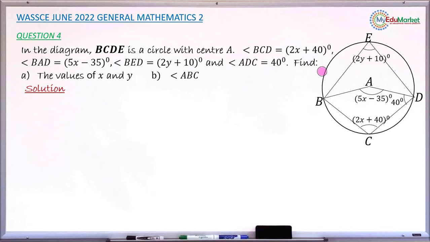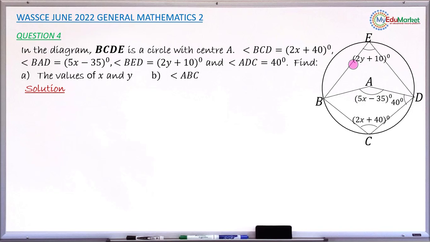So starting with this angle 5x minus 35, look at this, it is an angle at the center, subtended by this arc BD. And that same arc BD also subtends angle 2y plus 10 at the remaining circumference. Remember a theorem which says angle at the center is 2 times angle at the remaining circumference.